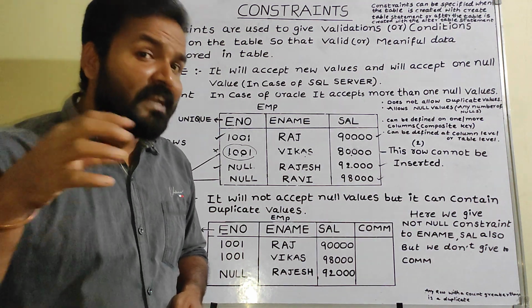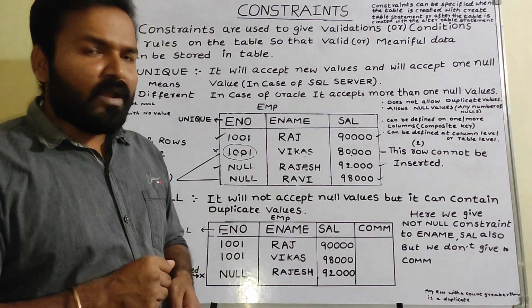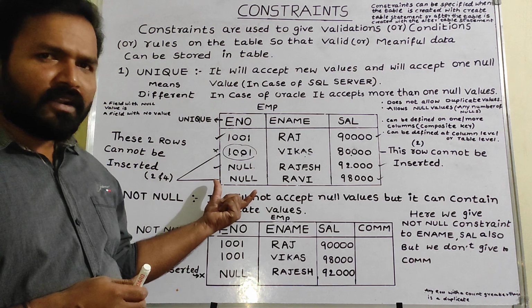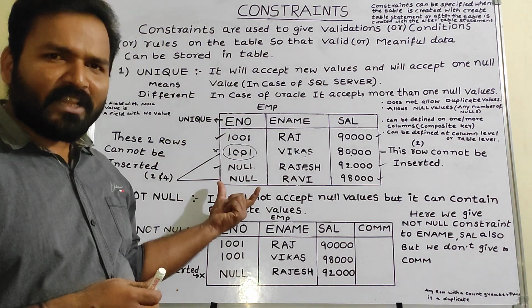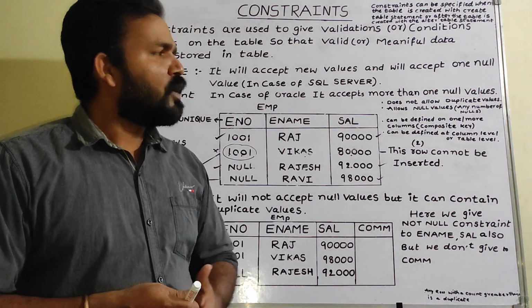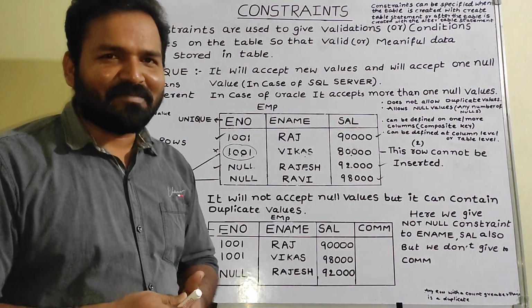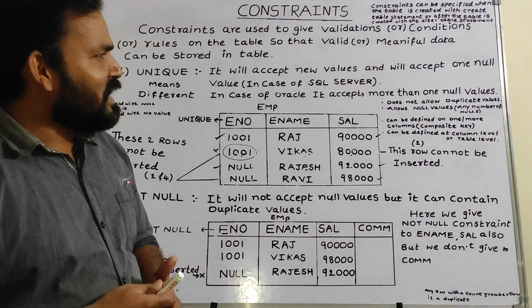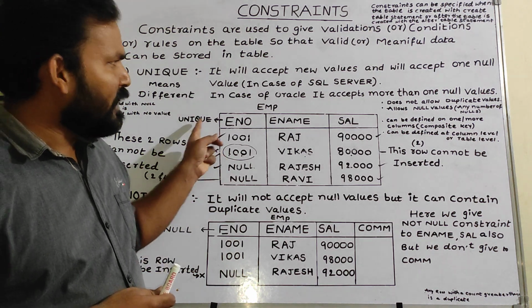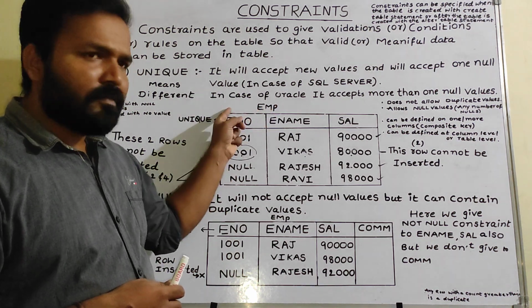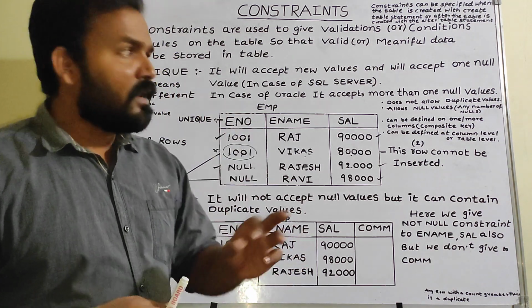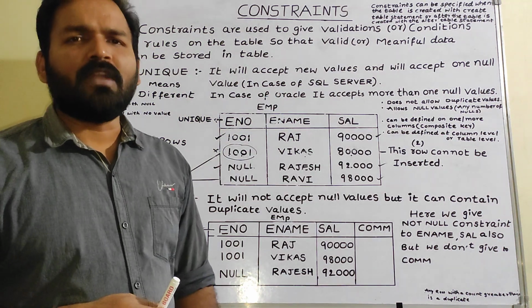Next, a unique constraint can be defined on one column or more columns, which is a composite key. A unique constraint can also be defined at column level or table level.